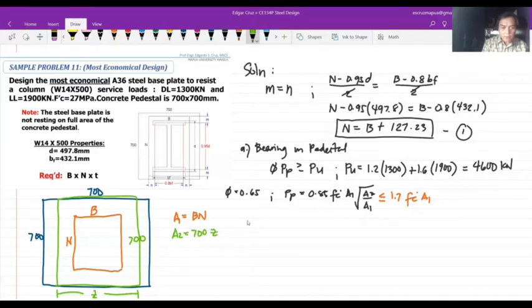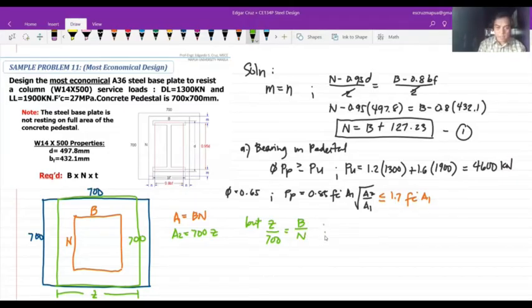But what is Z? By ratio and proportion, Z is to 700 as B is to N. Z is to 700, the green one, and B is to N, the orange one.